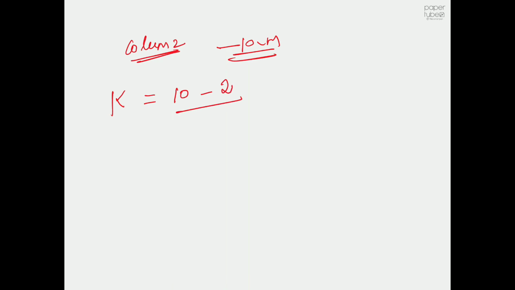And then if you do the same experiment with column 2, which is the 10 centimeter column, you calculate the retention factor. What is your TR value this time? 10 minus 2, divided by TM, which is 2. So that should be 8 divided by 2. That's equal to 4.